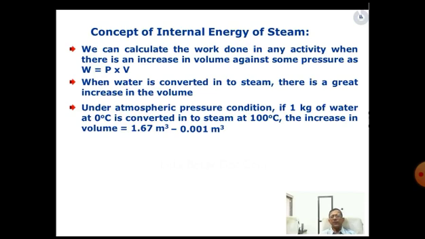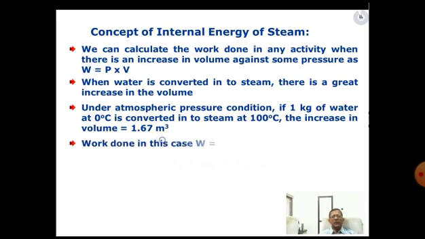When you find the change in volume, the water volume, if we deduct it from 1.67 meter cube, it will still remain 1.67. So we can very well neglect it. So the change in volume will be basically the volume of the steam.